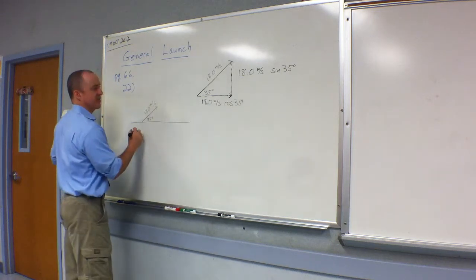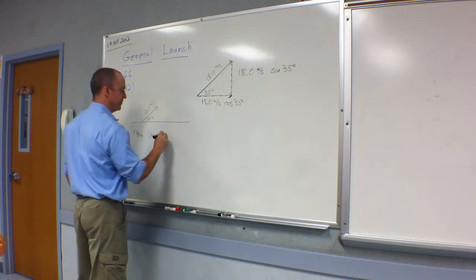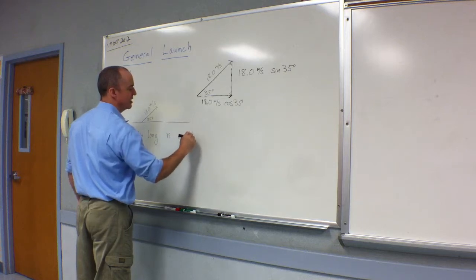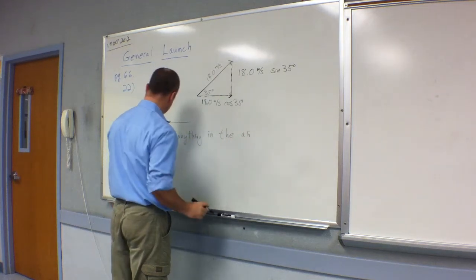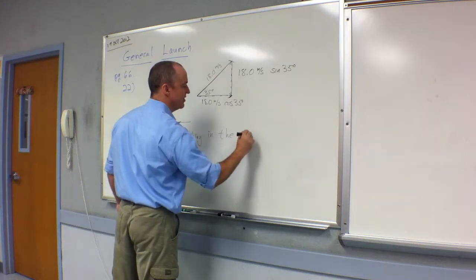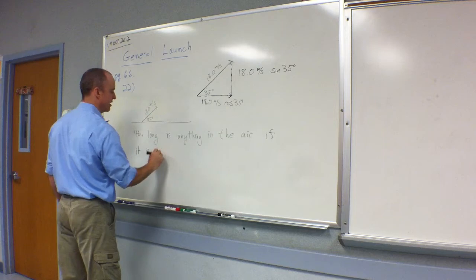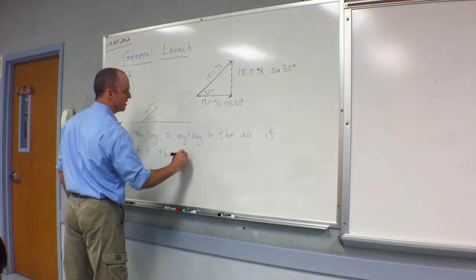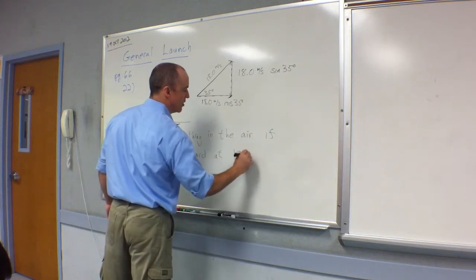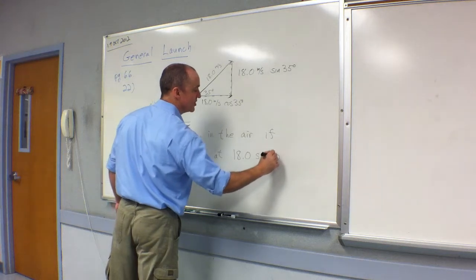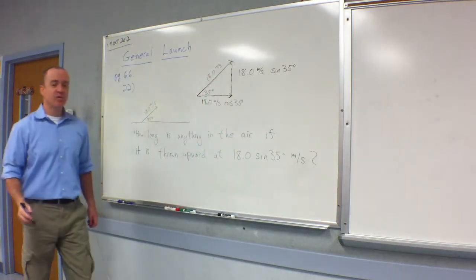So this question could be rephrased, how long is anything in the air if it is thrown upward at 18.0 sine 35 degrees meters per second, bless you, from ground level.